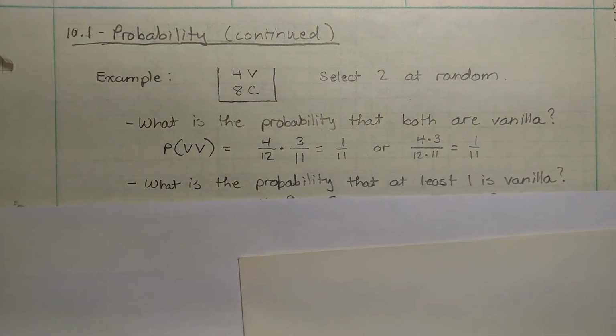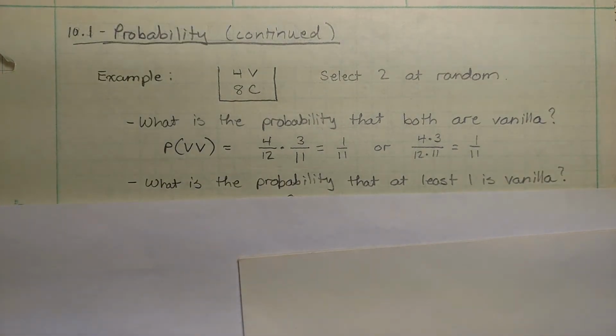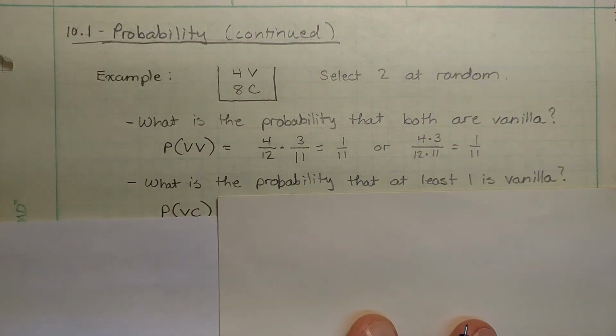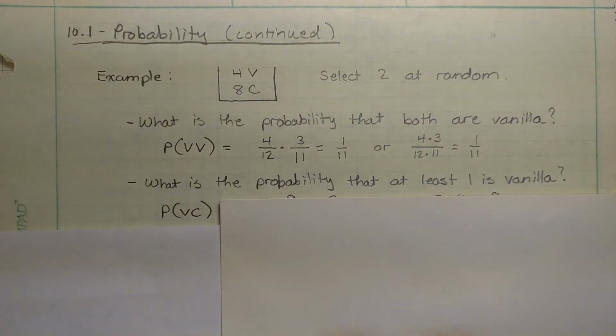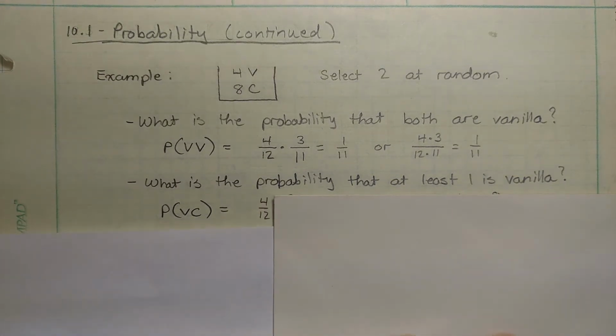All right, so now let's look at the probability that at least 1 is vanilla. When we think of this, we have at least 1. This could happen a variety of ways. Basically, I could draw a vanilla and a chocolate. So I could reach in, pick out a vanilla, and then pick out a chocolate. Let's look at the probabilities of those individually.